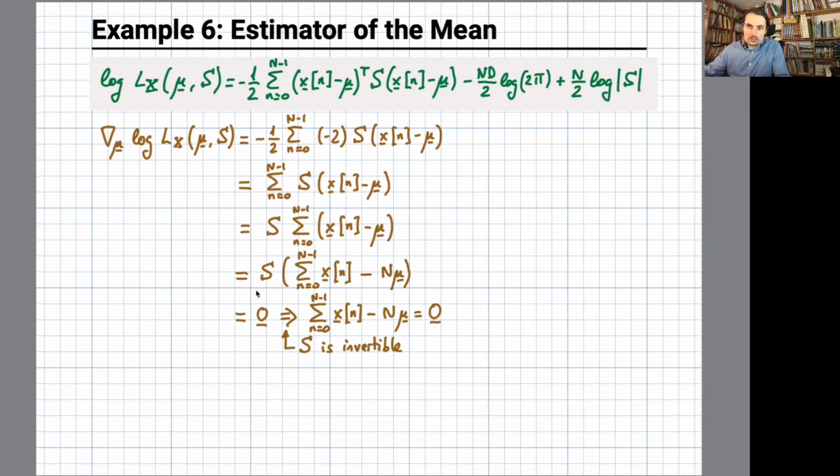And since this matrix is invertible by definition, its null space contains just the 0 vector, right? And therefore this has to equal the 0 vector. So from this expression one can solve for mu to obtain the optimal point, okay?